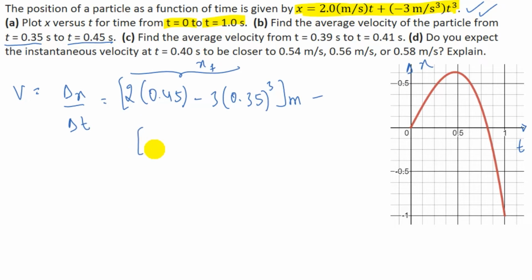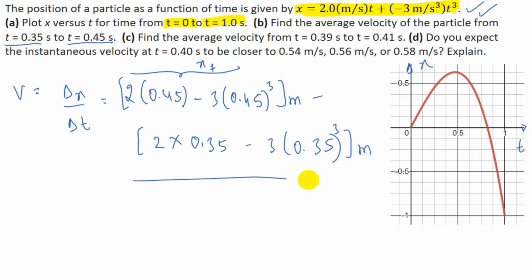So 2 multiplied with 0.35 minus 3 multiplied with 0.35 and its cube, and the unit would be in meters. Divide by delta t.